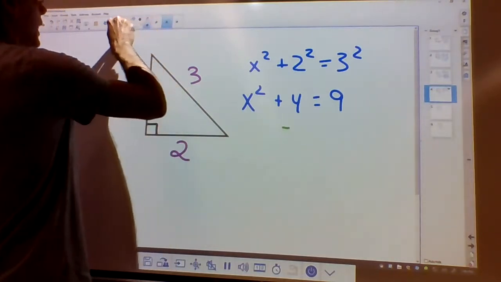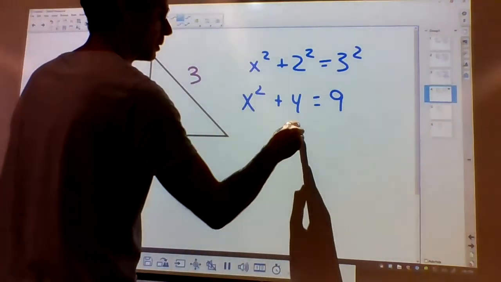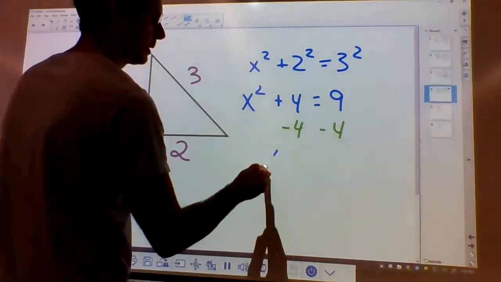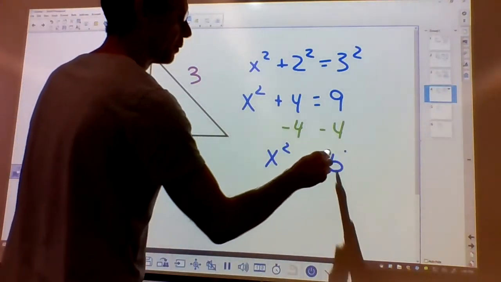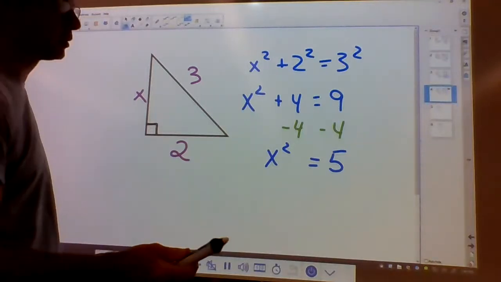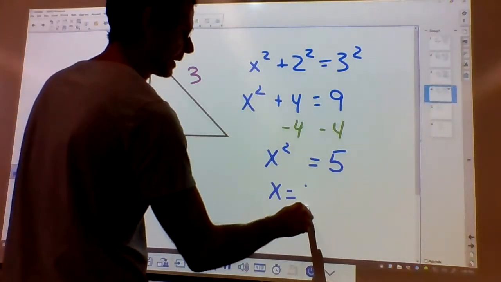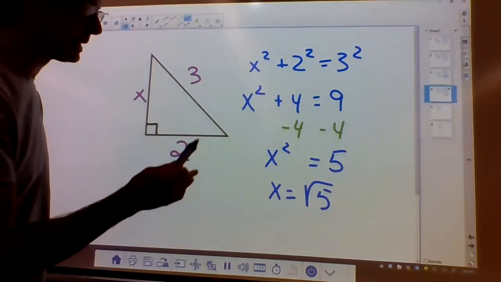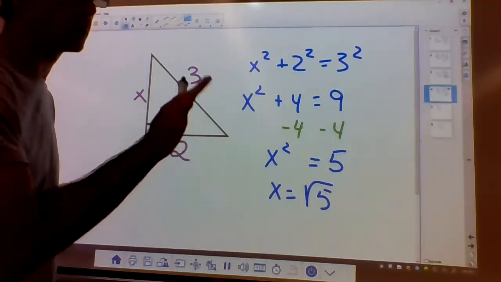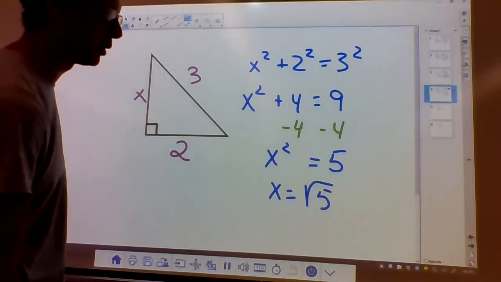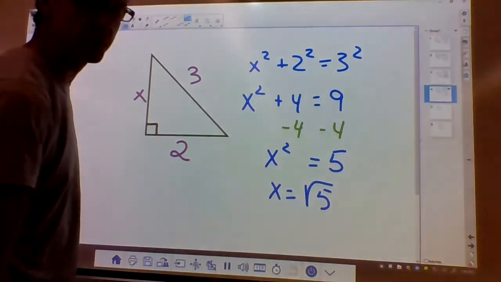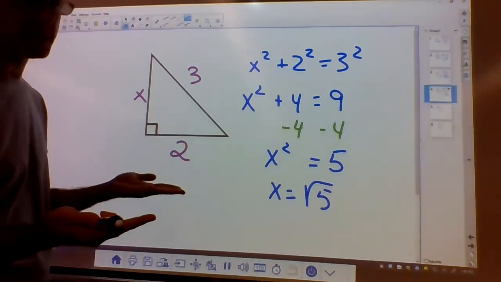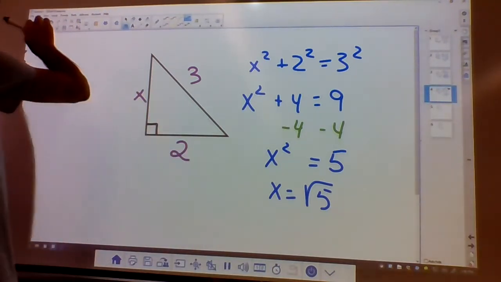We subtract 4, and you end up with 5. What's the square root of 5? I don't know, but the answer is, in fact, the square root of 5. So when it doesn't come out nicely, instead of trying to figure out the decimal answer, or if your teacher wants you to find the decimal answer, that's great, but just put the square root of that number. You're done. That's 4 types of problems. I said there were 6. Let's go to the next one.